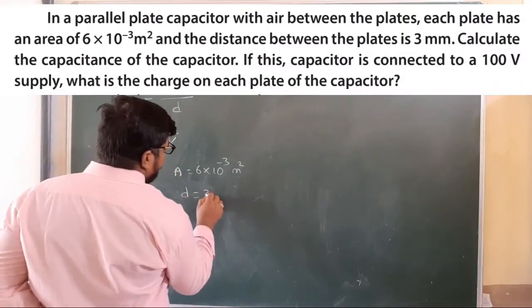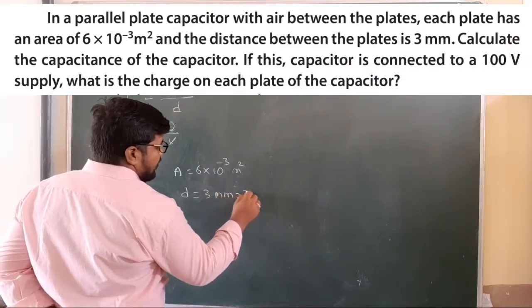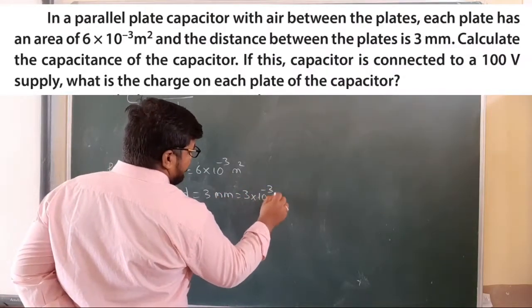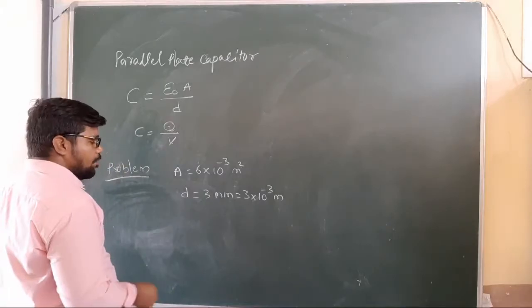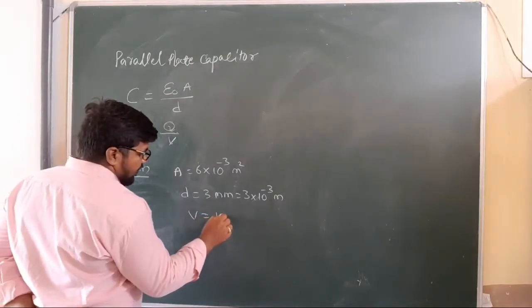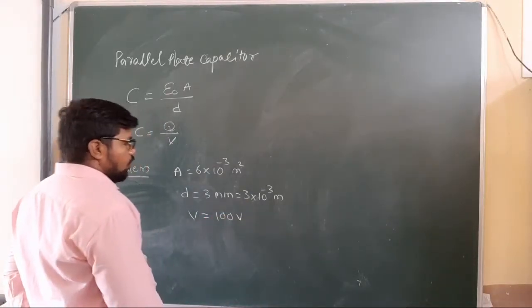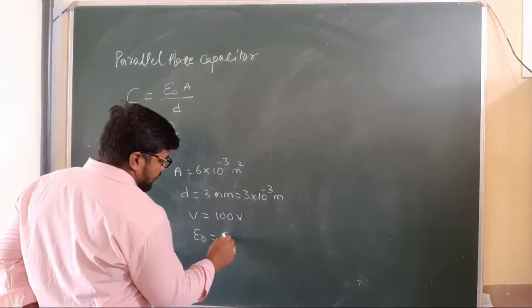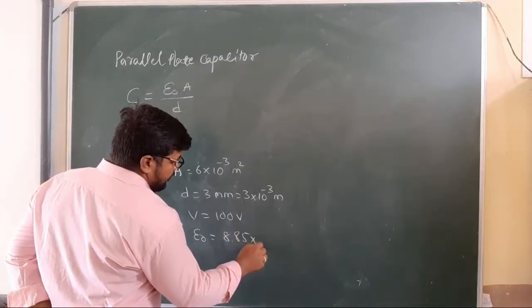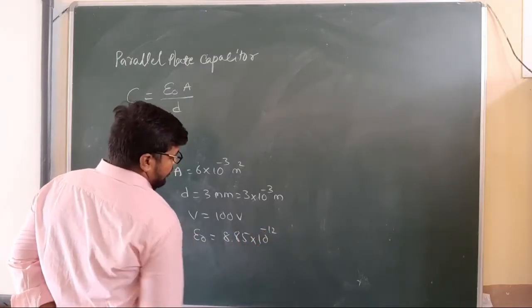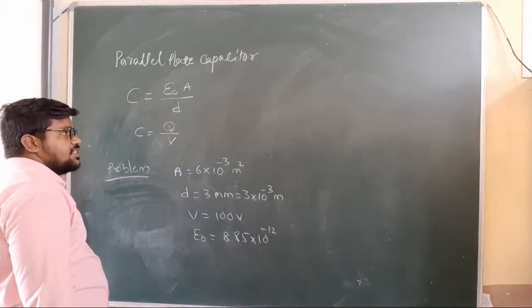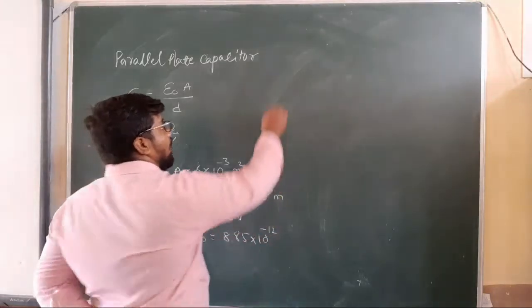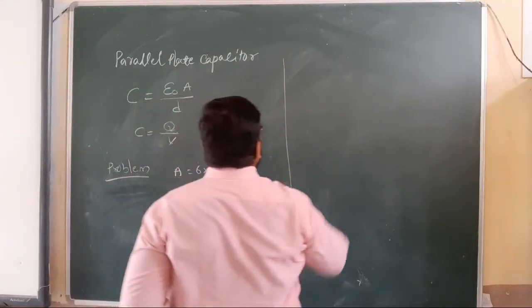D is equal to 3 mm, means 3 into 10 power minus 3 meters. And they gave potential applied 100 volts. We know the permittivity of free space is 8.85 into 10 power minus 12. So by using this data we have to find capacitance.